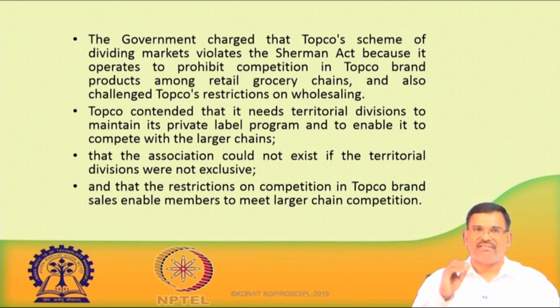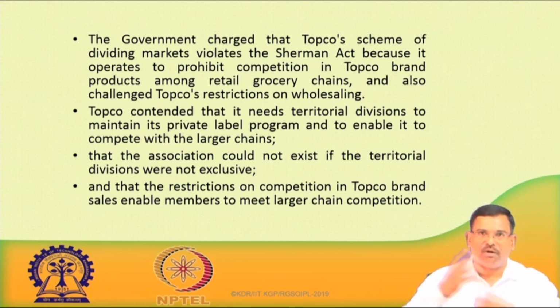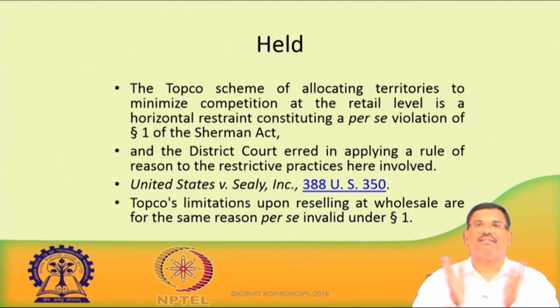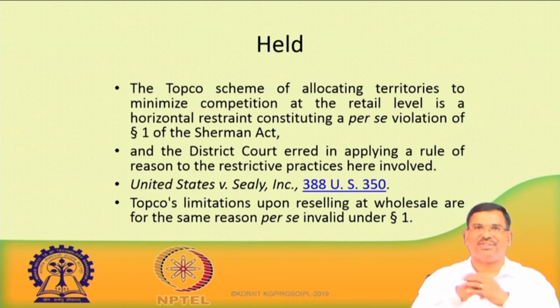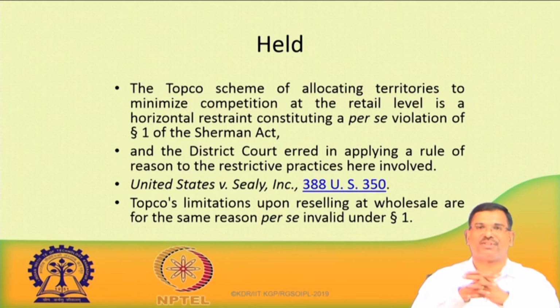The Topco brand enabled the stores to sell these particular products, and these restrictions are necessary to compete with larger stores. These were the justifications raised by Topco, but the court held that the Topco scheme of allocating territories and minimizing competition, and virtually there is no competition, at the retail level as well as at the wholesale level, is a horizontal restraint. So, it is a per se violation of section 1 of the Sherman Act.